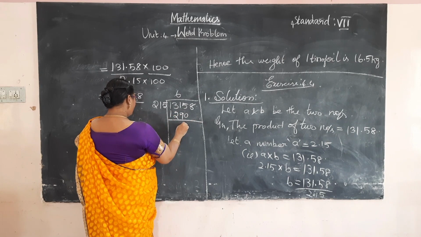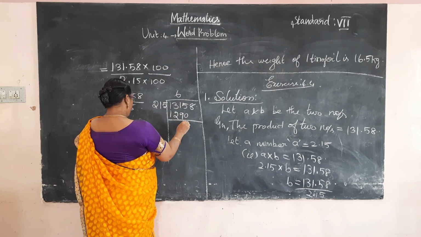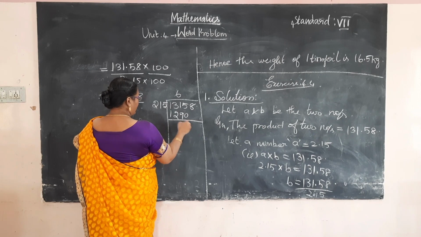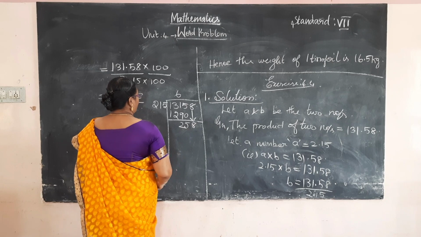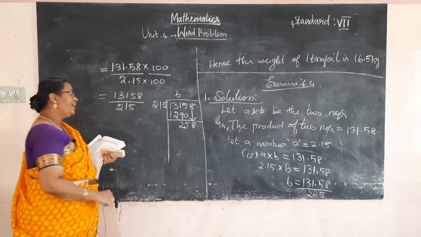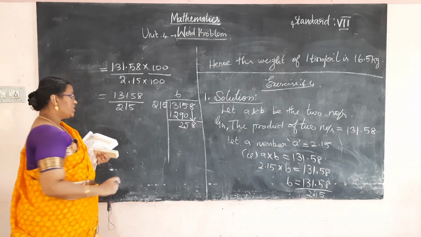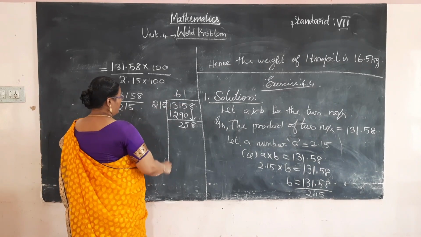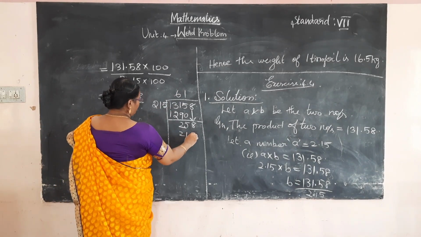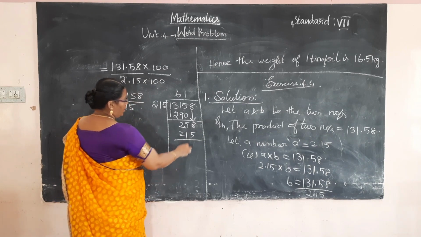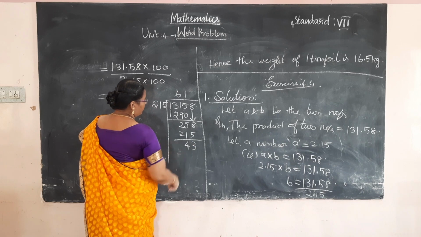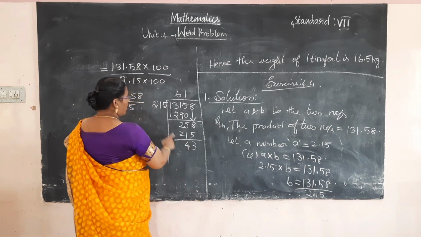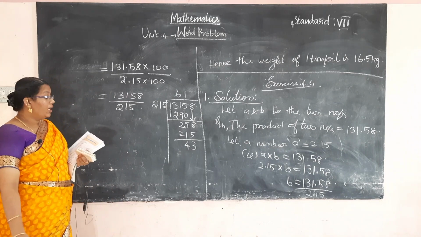Subtracting, we get 228. Next, 8 comes down. How many times is it possible to 2,258? 1 time. Subtract: 8 minus 5 is 3, 5 minus 1 is 4. It is not possible to divide 43 by 215.